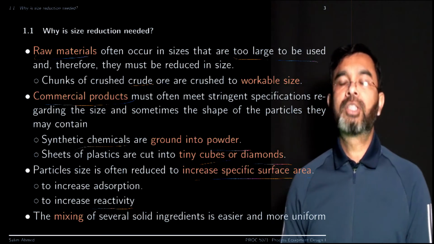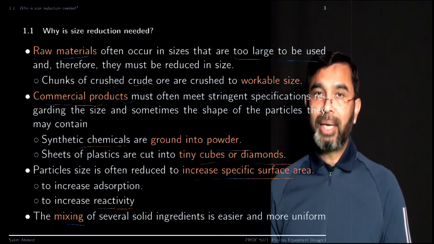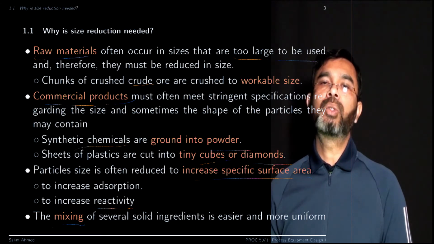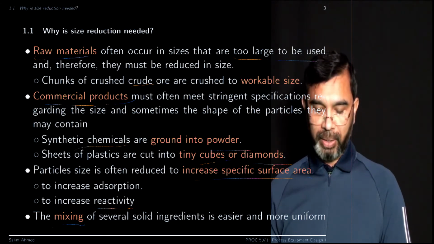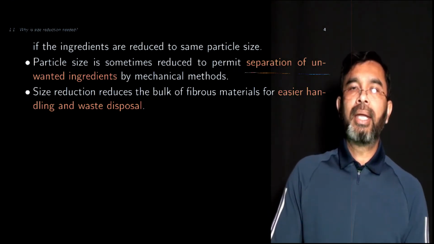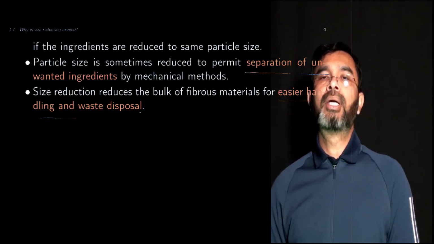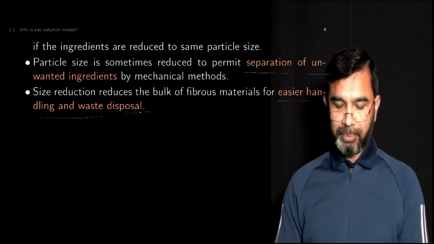For mixing different solids, if the particles are of uniform size, then their mixing can be easier. So in that case, we may need to reduce the size of the particles. Sometimes size reduction is used for separation of unwanted ingredients, and in many cases, for easier handling or waste disposal, size reduction is needed.